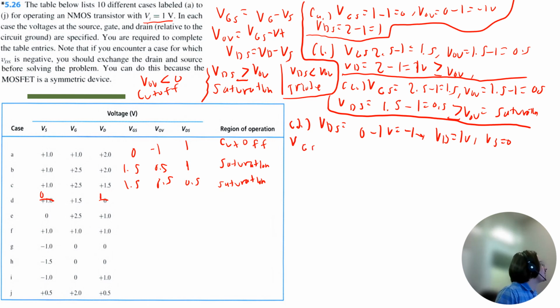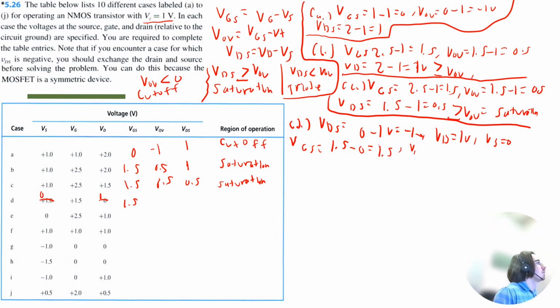So that means voltage from gate to source is 1.5 minus 0, so that would be 1.5.